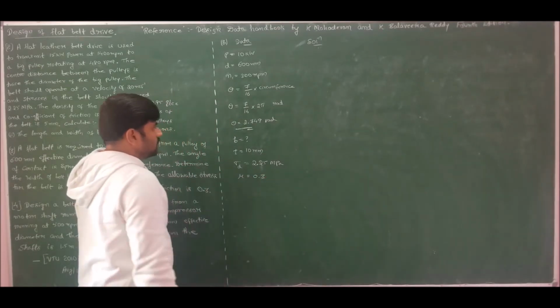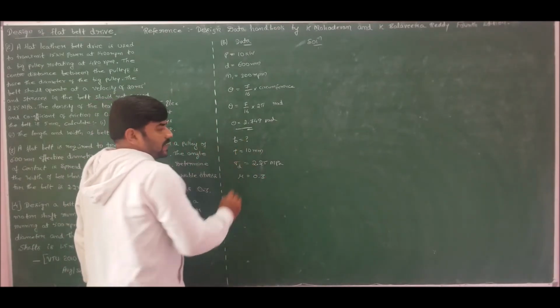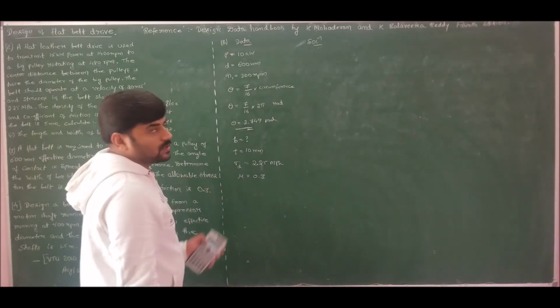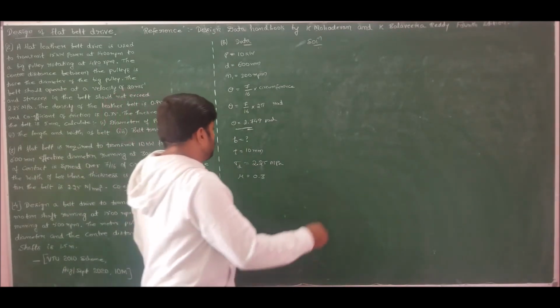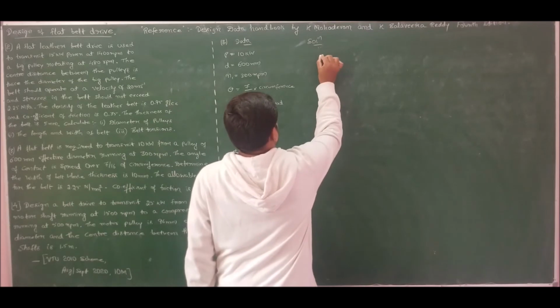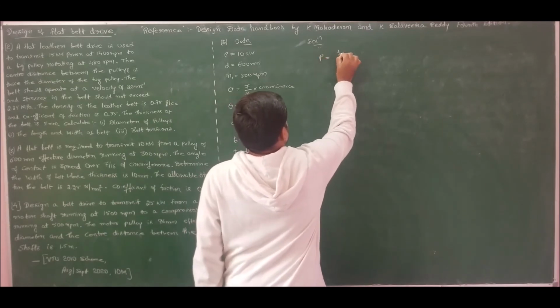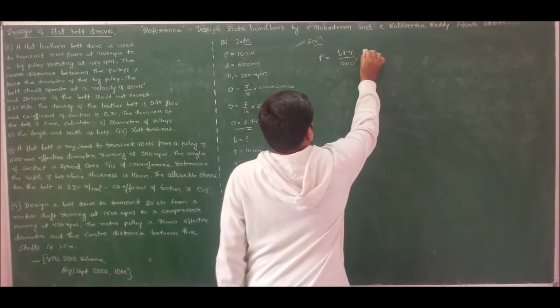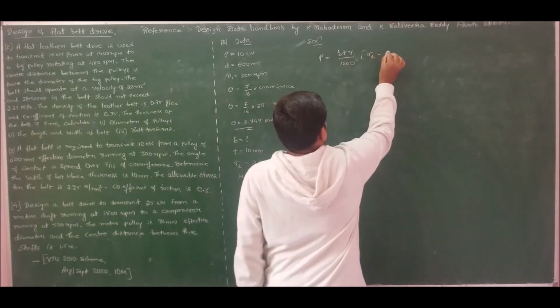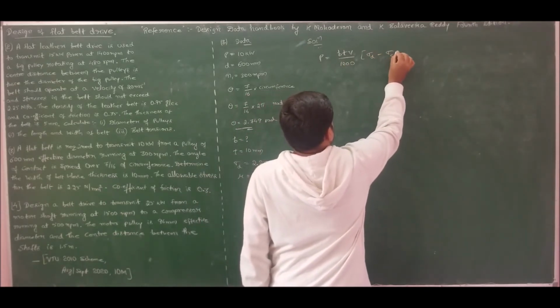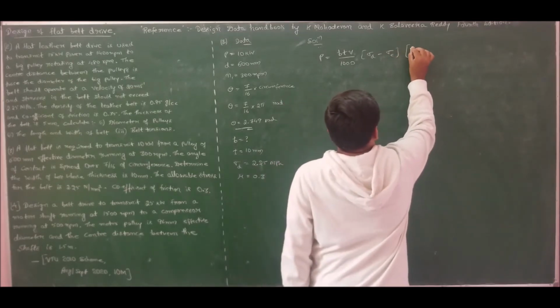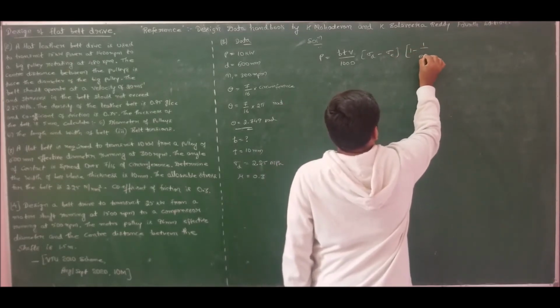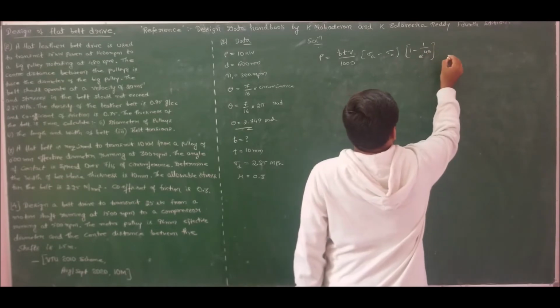Whenever the parameter pertaining to cross-sectional area is asked, we should always use the power equation. We know that the equation for power P is given by width into thickness into V by 1000 times sigma d minus sigma c times 1 minus 1 by e to the power of mu theta.